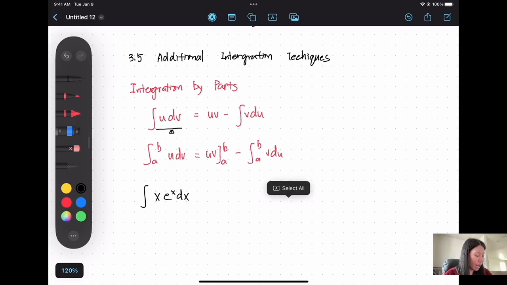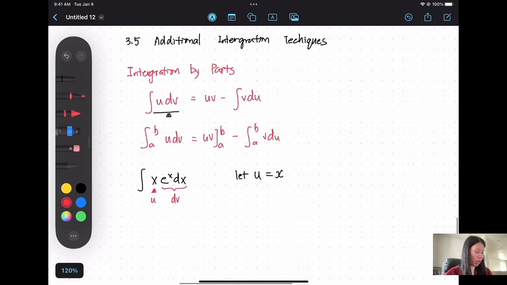So if I let u equal x, then the rest of it is going to be our dv. So if we decided to let u equal x, that means our dv equals e to the x dx.